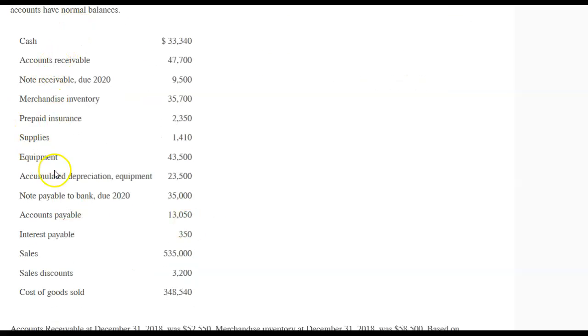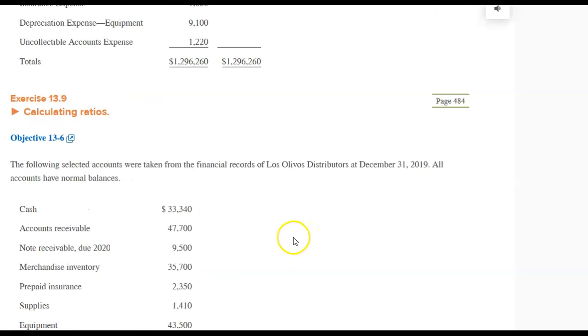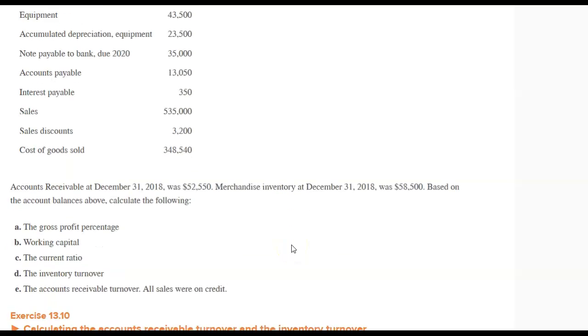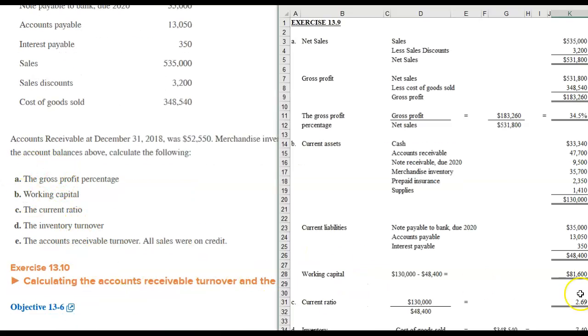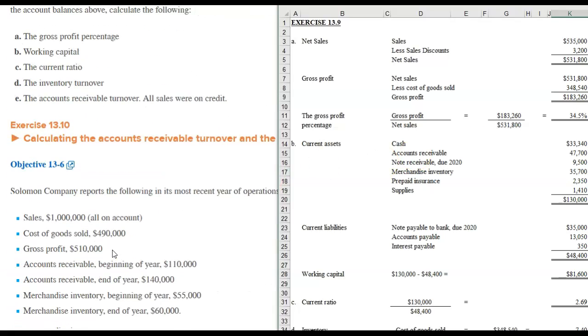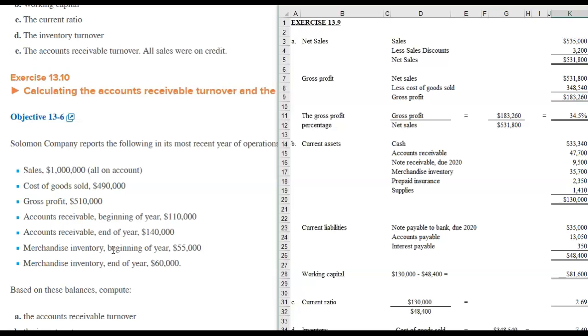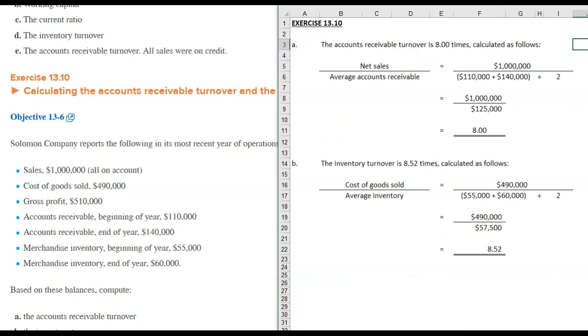Calculating the ratios, they gave you everything, and you just do the ratios, which are right there. And that's what they look like. And what's 1310? Out of curiosity. That's it. Accounts receivable turnover is 8 times. We're trying to figure out how often your customers are buying and paying on time.